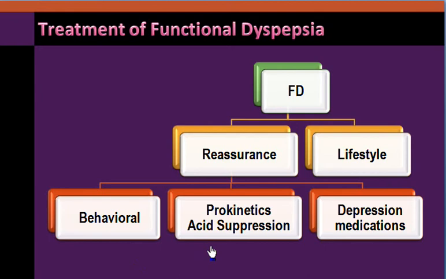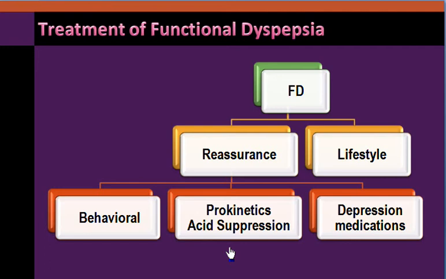One group is called the prokinetics, which control the dysmotility of the stomach. The second group is the acid suppressors. Acid suppressors, we have got the H2 blockers, which are older agents, and the newer proton pump inhibitors. Proton pump inhibitors or PPIs are far superior compared to H2 blockers as acid suppressors.